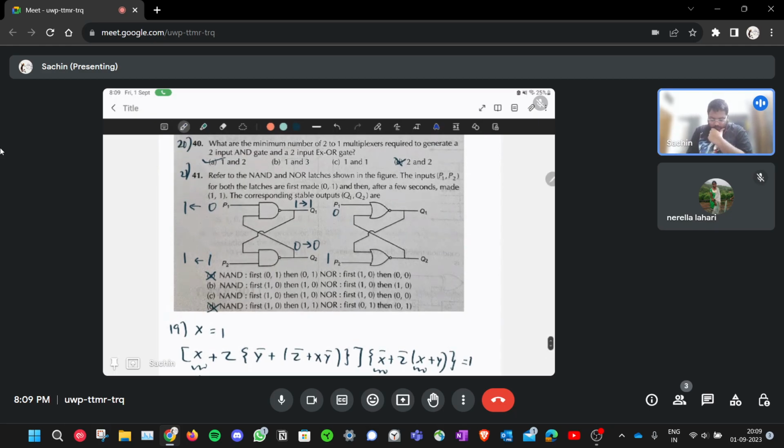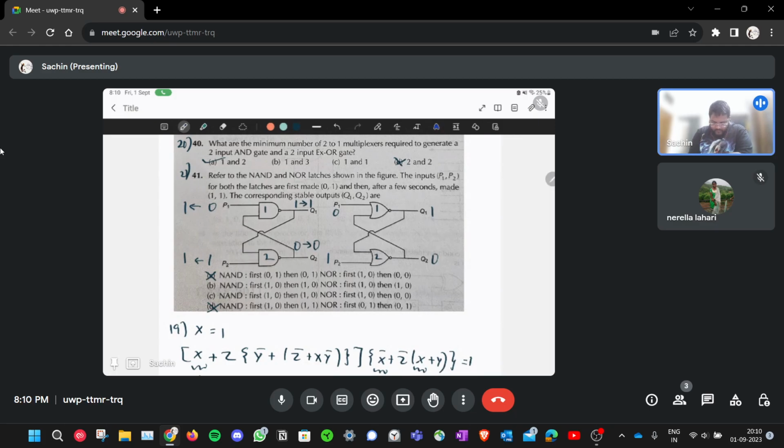Let's come to the second circuit, a NOR latch. The inputs are 0 and 1. When inputs are 0 and 1, since one of the inputs to the second NOR gate is 1, its output will always be 0. And since both the inputs to the first NOR gate are 0, its output will be 1. So it's initially at 1, 0.